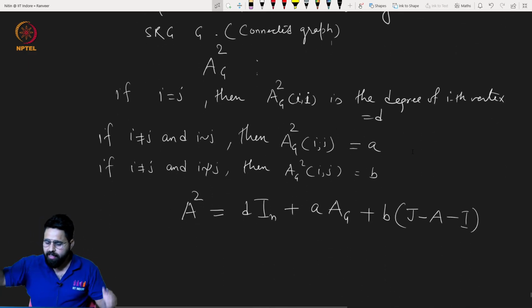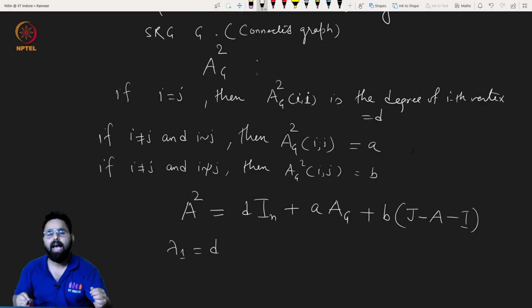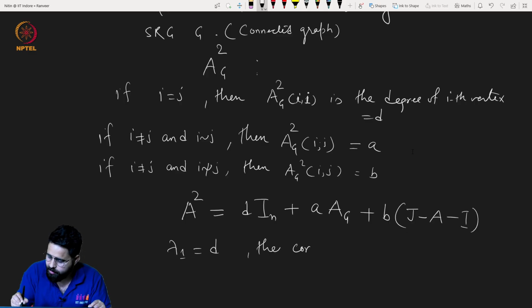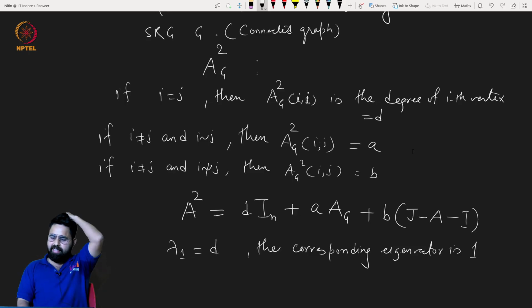So the largest eigenvalue, by default lambda 1, equals d, and we also know one of the corresponding eigenvectors corresponding to d is the all 1 vector, right?